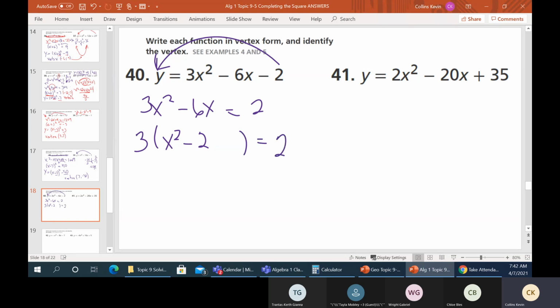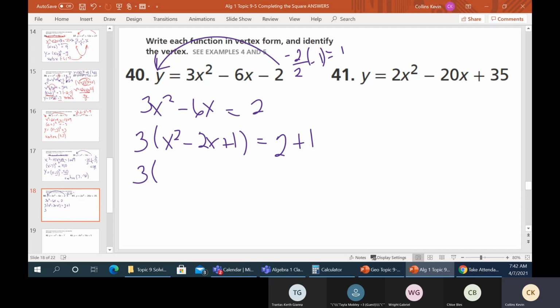So once we did that, we've got -2. We take the -2, divide it by 2, that's -1. We square negative 1, that is positive 1. So I'm going to add 1 here and add 1 here. The only difference is we just have to bring this 3 along each time.